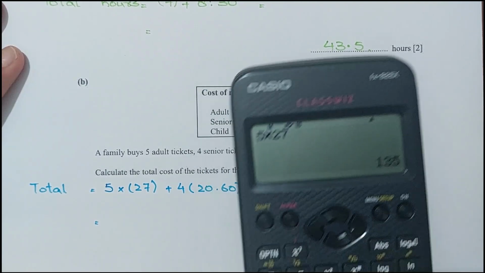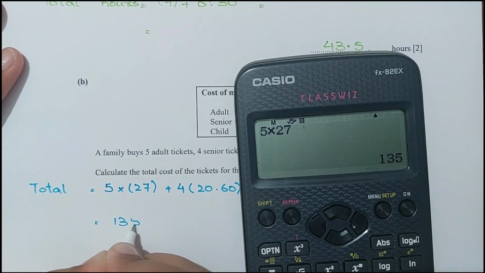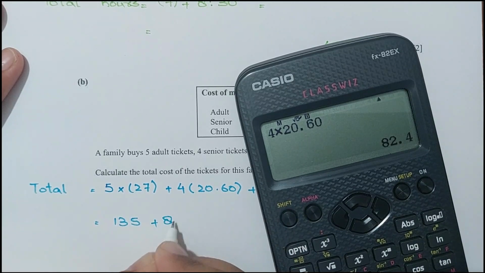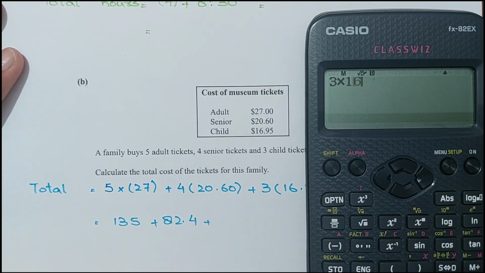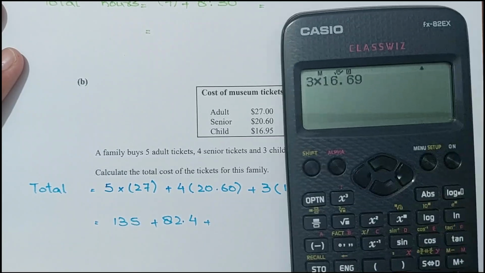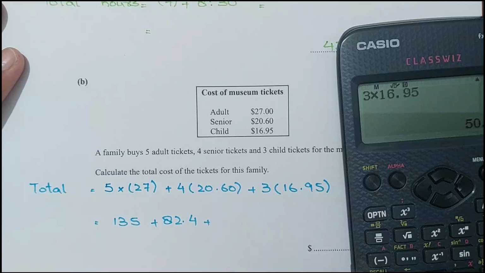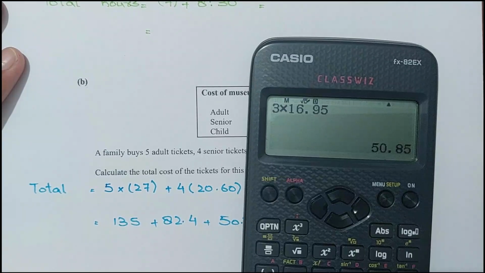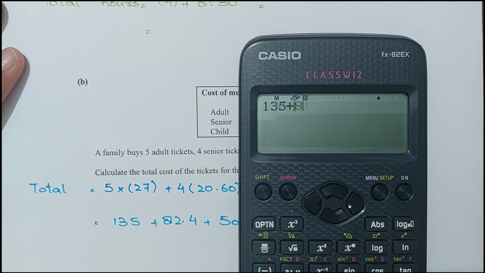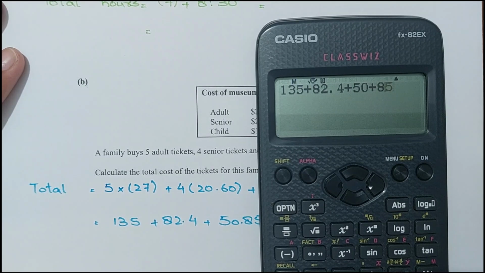5 times 27 is $135. 4 times 20.60 is $82.4, plus 3 times 16.95, this is $50.85. 135 plus 82.4 plus 50.85.